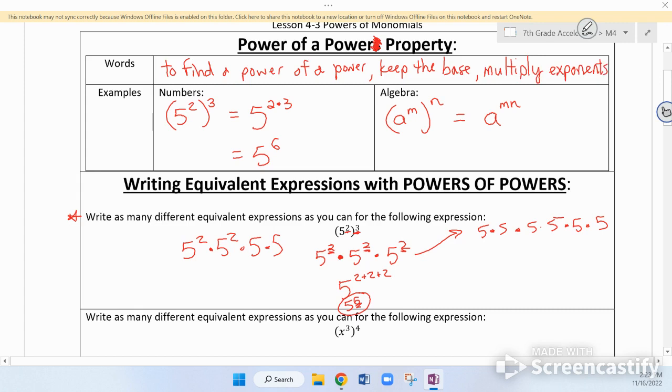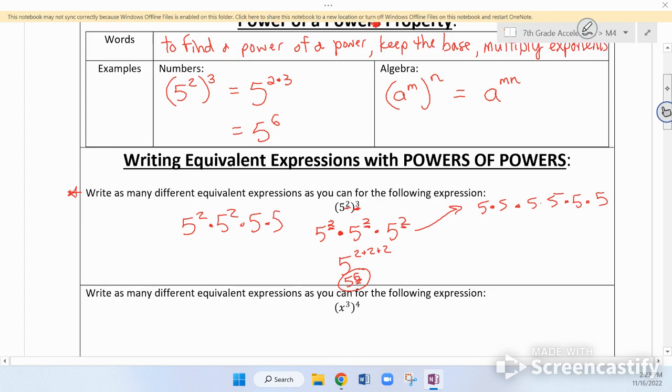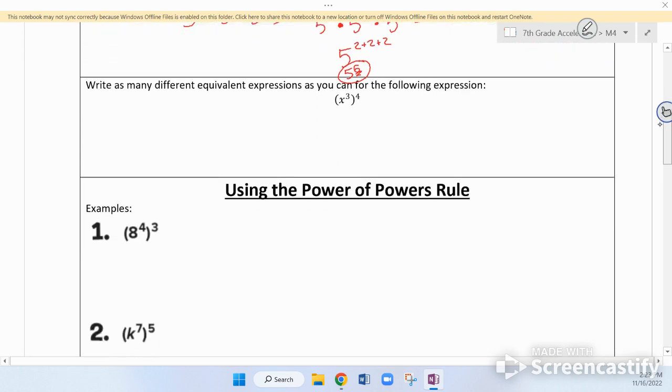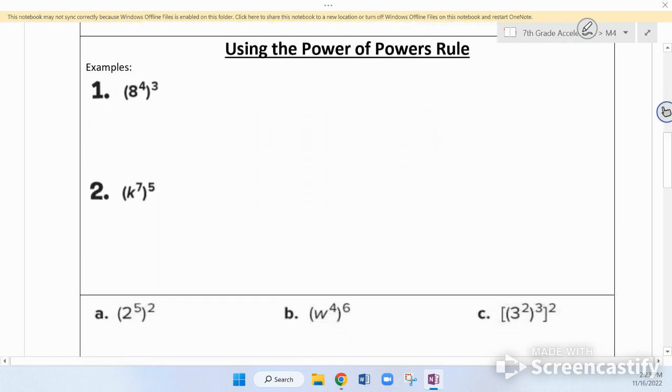All right, let's keep it going. I'm going to skip that one and go right to here. Use the power of powers rule. If I were to write it out and do it the long way, how many 8 to the 4ths would I have? Go ahead, say it. Hold it up on your fingers.